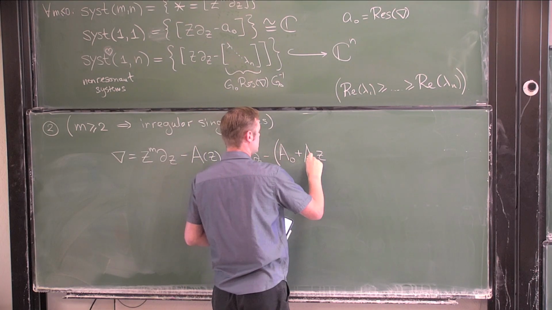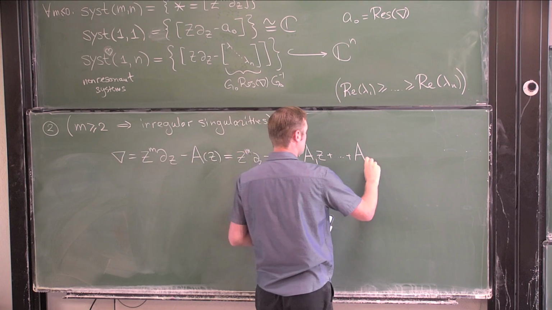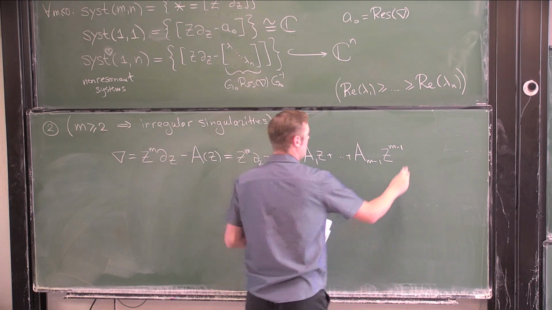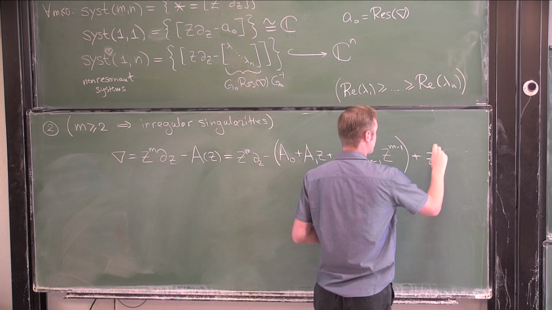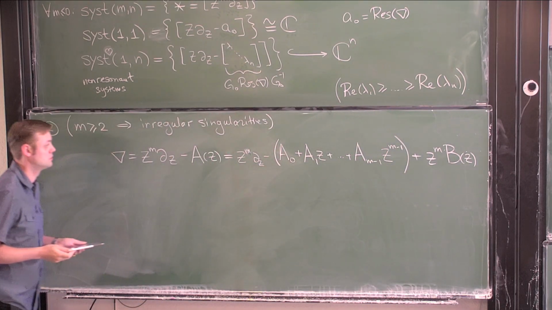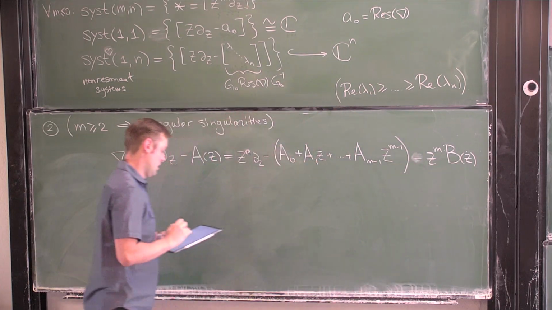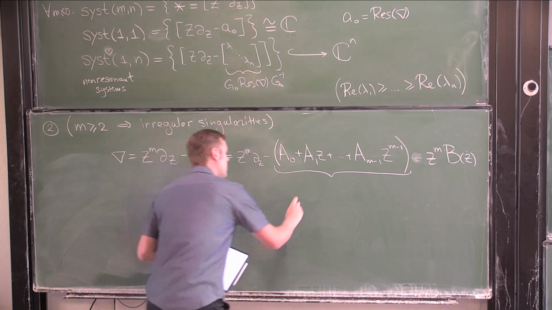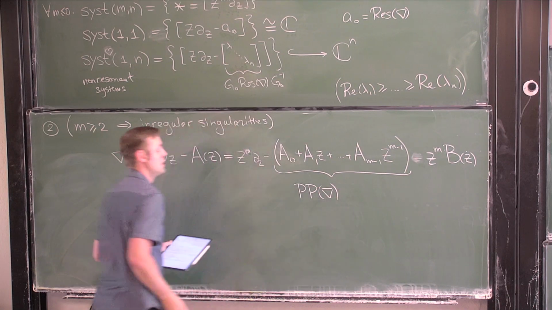I'll just have a polynomial in z of degree m minus 1, and then the rest I'll just separate into some B. This part I will sometimes write as P of nabla. This is called the principal part.